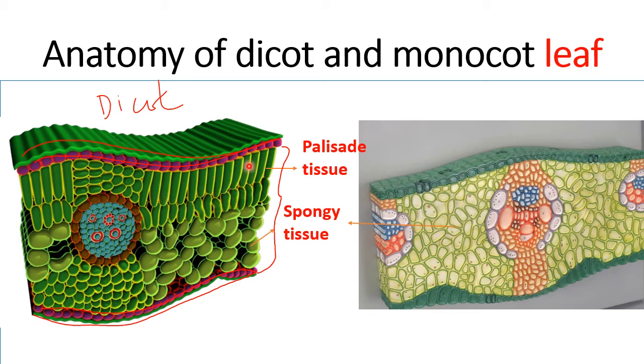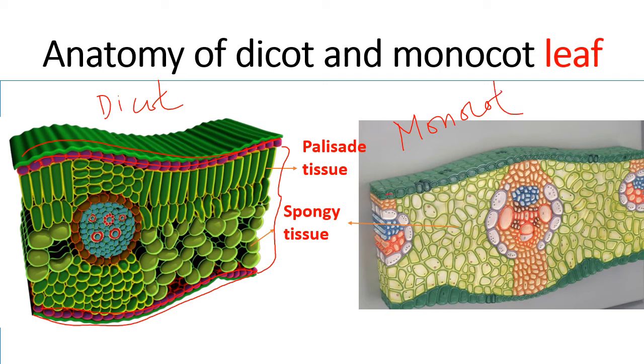These columnar cells together form a tissue that is called palisade tissue. And if you look here down, here are spongy cells, and they together form a tissue that is called spongy tissue.